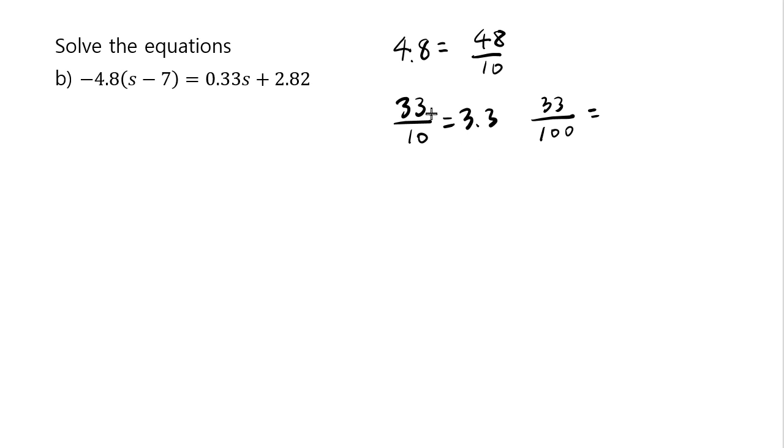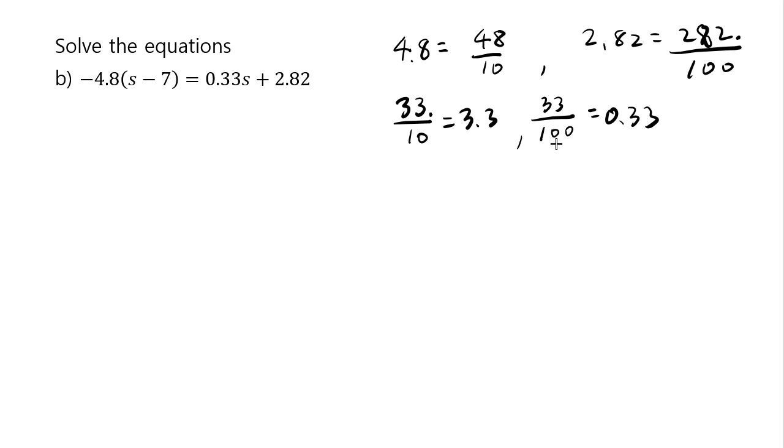Initially 33 point, the decimal was right here, but you divide it by 10, that moves 1 to the left, and you divide it by another 10, so if you divide by 100, it will be 0.33. Likewise, 2.82 is the same thing as 282 divided by 100, because the decimal in 282 moved once, twice.